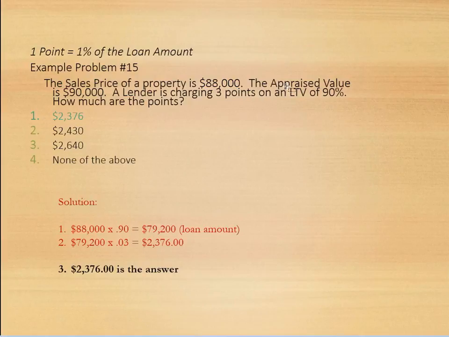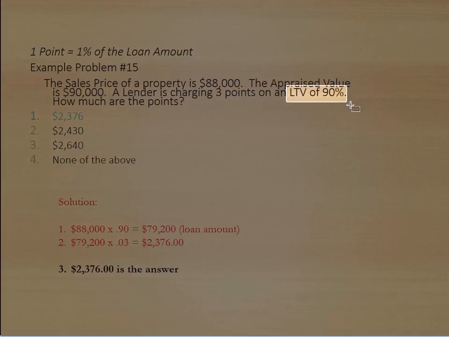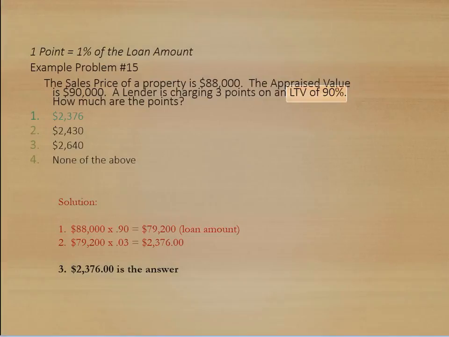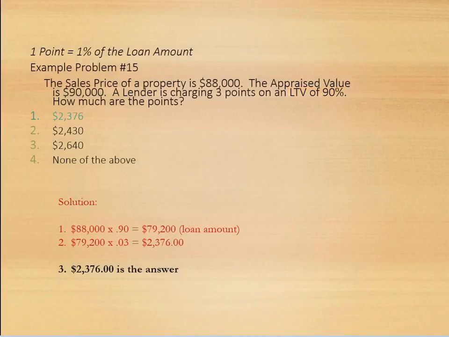Remember, LTV is the loan to value ratio, or how much the lender's going to lend. The other 10% would be the down payment by the borrower. So since the LTV is 90%, that means 90% of 88,000 is going to be the loan amount. So that's some simple real estate financing calculation for you, and it's something that you'll want to make sure you know and practice before you take your real estate license exam.